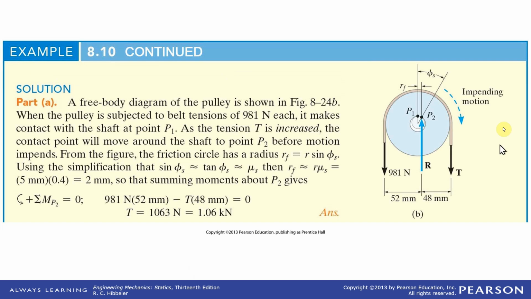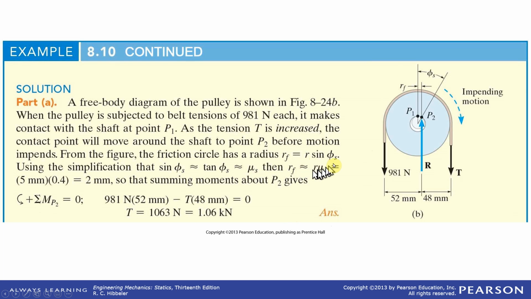Okay. 981 newtons acting down here. What is the moment about P2? You are going to have a little rf going on. That's one of the points here. And so that's what part of this reasoning is all about. rf equals r sine phi s.